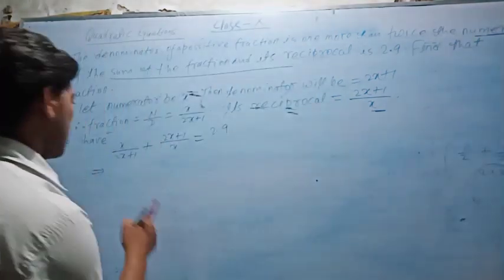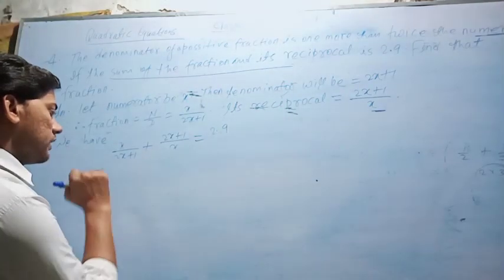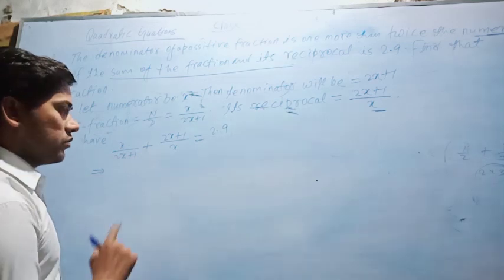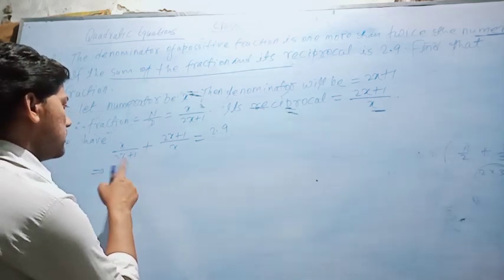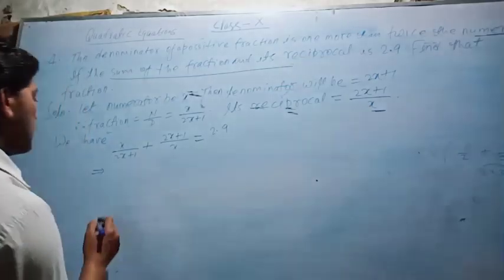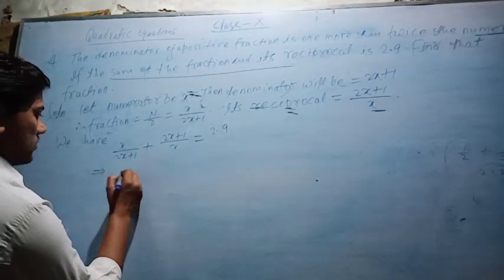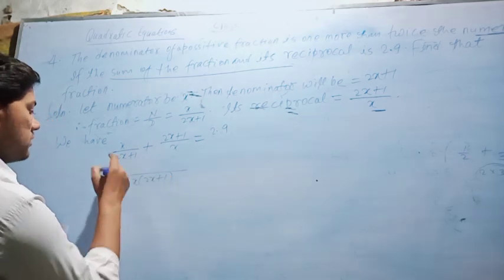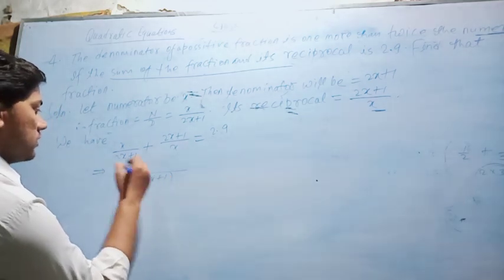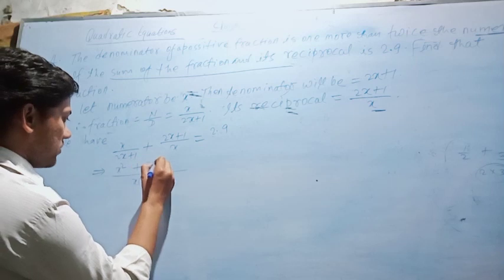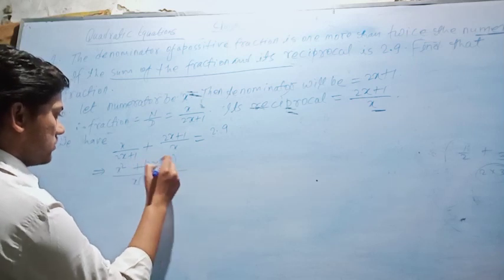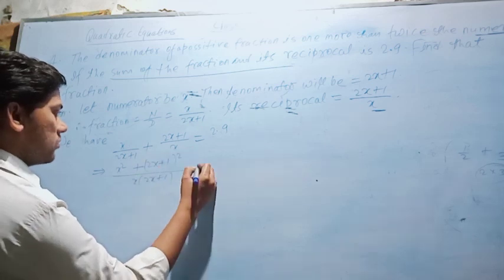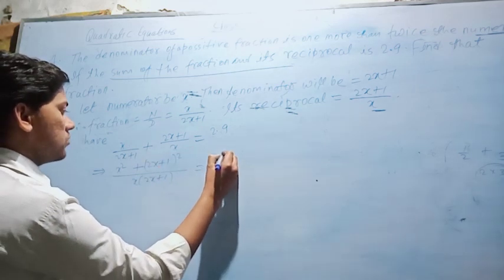Similarly 2x plus 1 and x are both different, so their product will be the LCM. So x square plus 2x plus 1 to the whole square is equal to 29 upon 10.